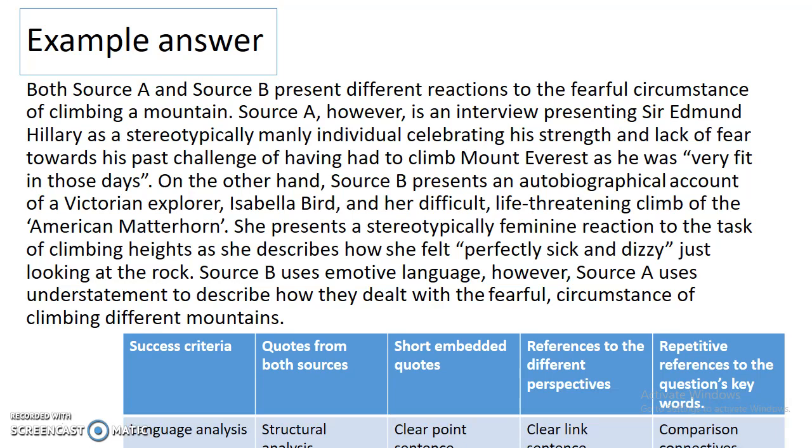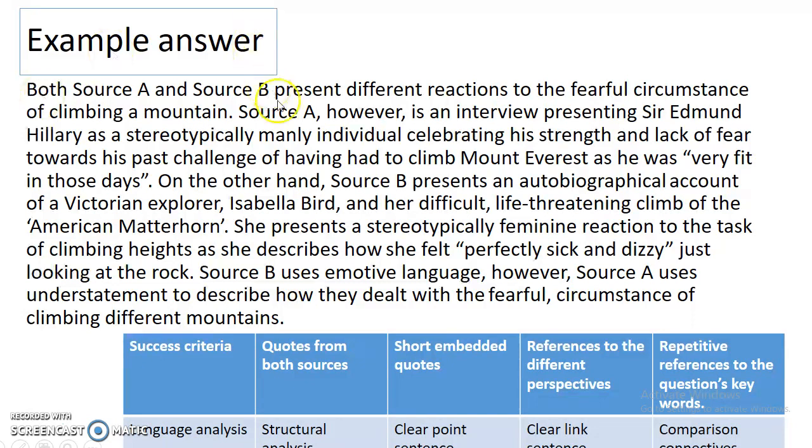However, an autobiography is normally personal, and it's when a writer really communicates their vulnerability, their mistakes, and their fears. And that's what we get in source B. So let's read on.